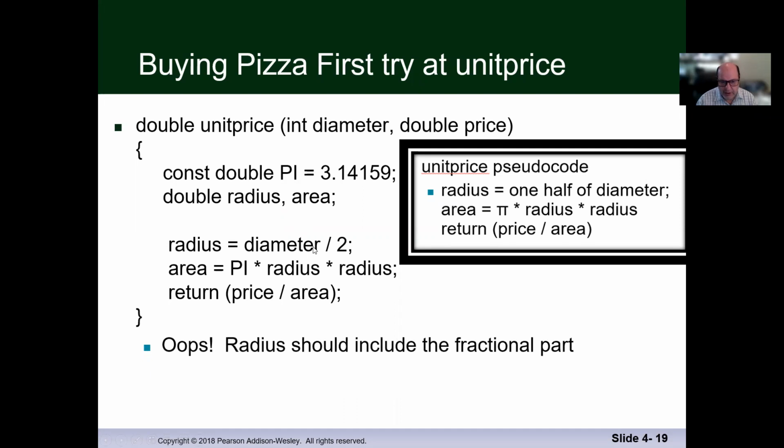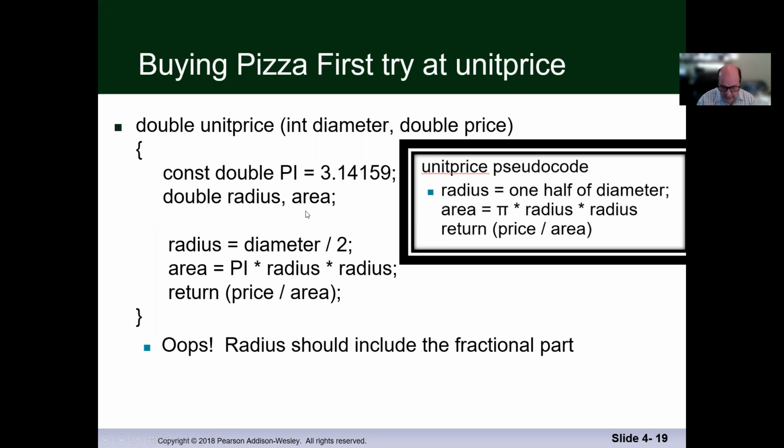I'm dividing integer by integer. Remember, when I divide integer by integer, my decimal point goes away. If I lose my decimal point, my radius calculation is not going to be correct. So I have to fix that.